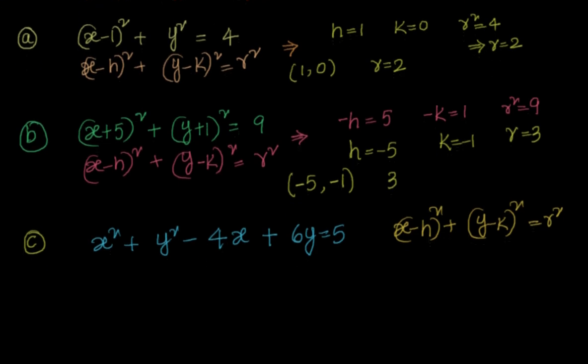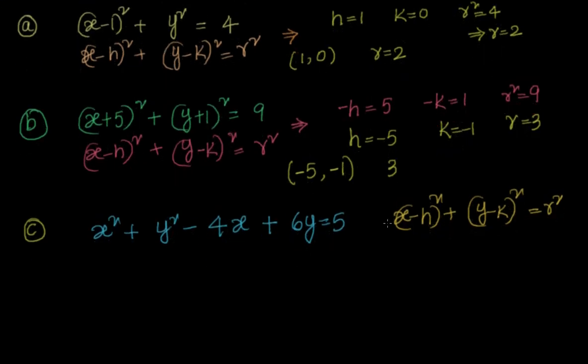But the given equation is not in that form. So we have to convert this equation into the form of x minus h whole square plus y minus k whole square equal to r square, then compare them, then find out the values of h and k.